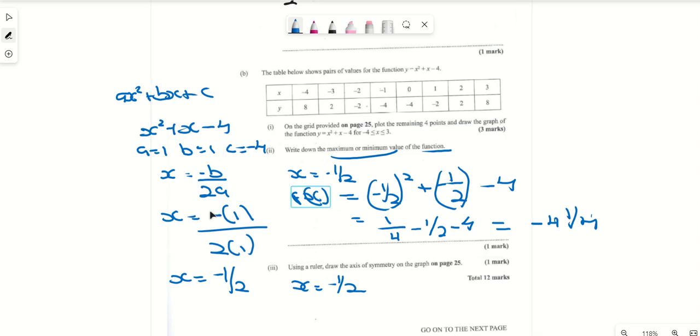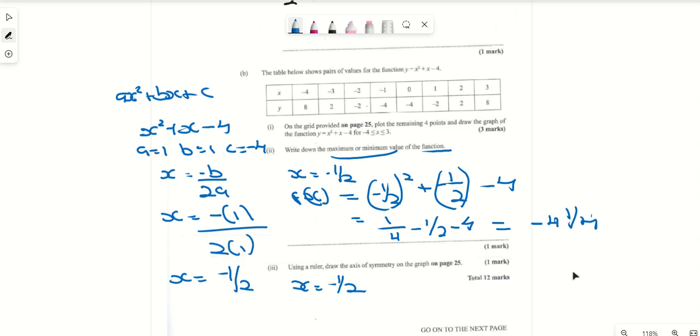So we find out what x is equal to, which is minus a half, right? So if we find out my axis of symmetry, I could find out the maximum or minimum value by putting whatever your axis of symmetry is equal to into your function, and you'll get negative 4.5. That is how you would get your minimum or maximum value.